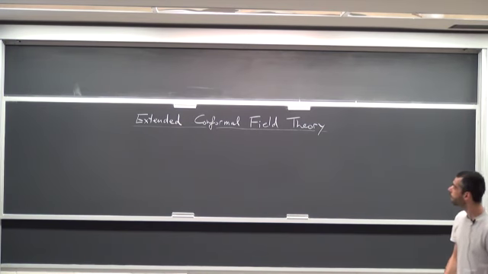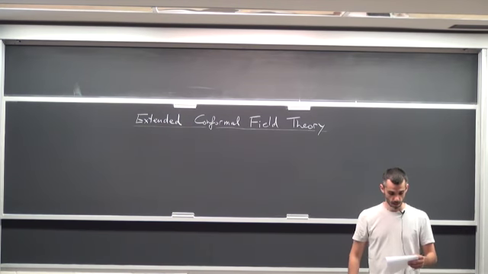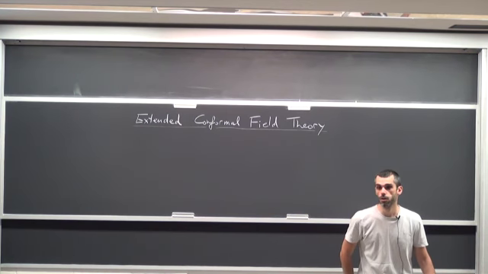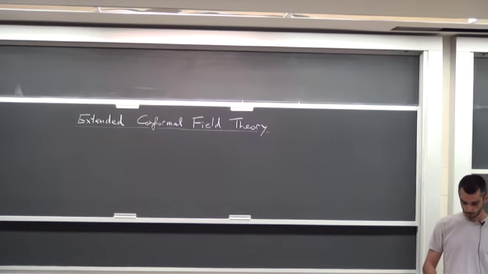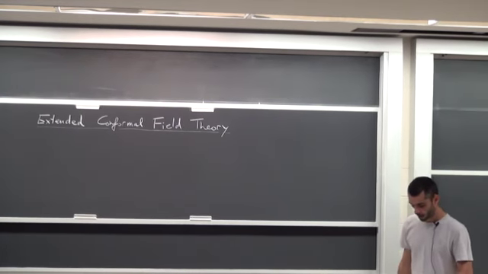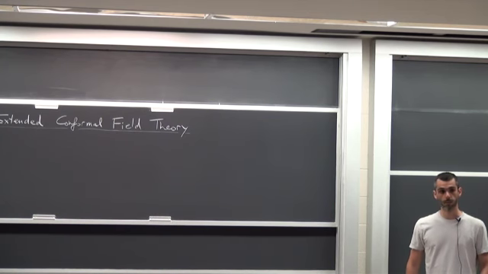Extended conformal field theories were first proposed by Stefan Stolz and Peter Teichner in the context of their project of constructing elliptic cohomology, and that notion gets also mentioned in a review article by Graeme Segal a bit later.